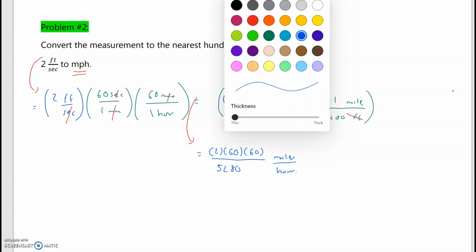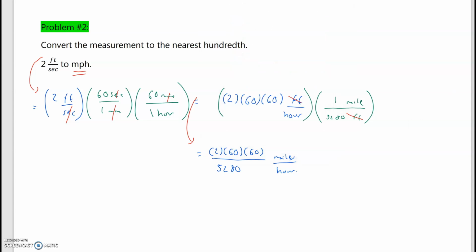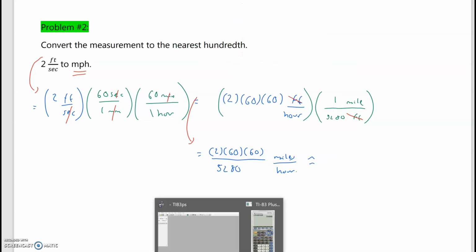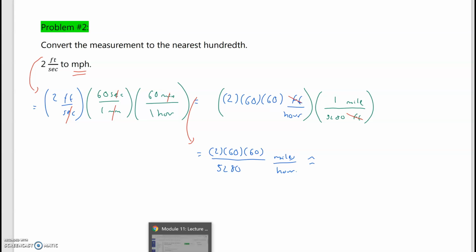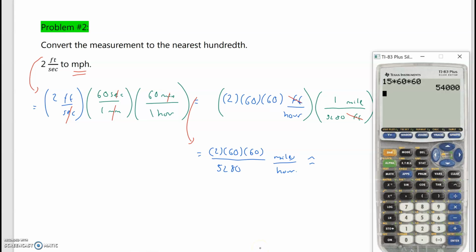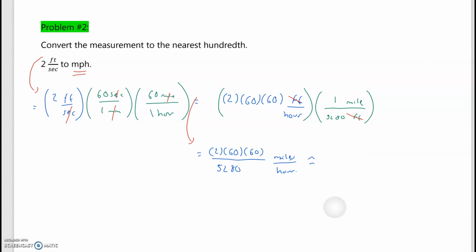Let's actually plug it in. We're going to be multiplying 2 times 60 times 60 divided by 5280. And we're looking at 1.3636, so approximately 1.3636 miles per hour.